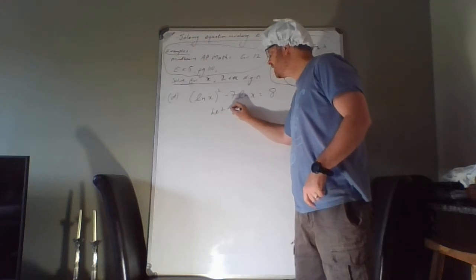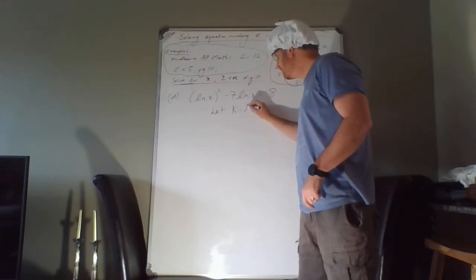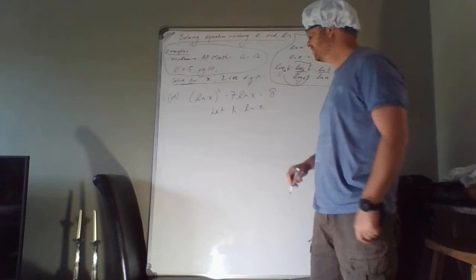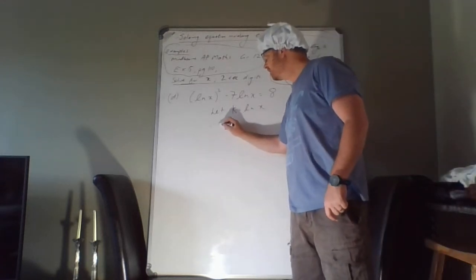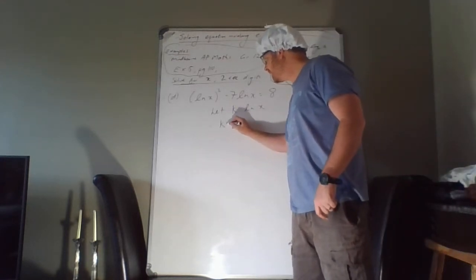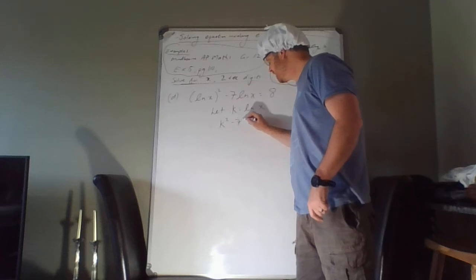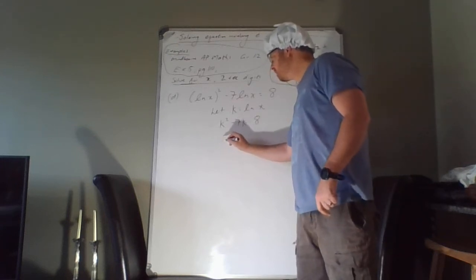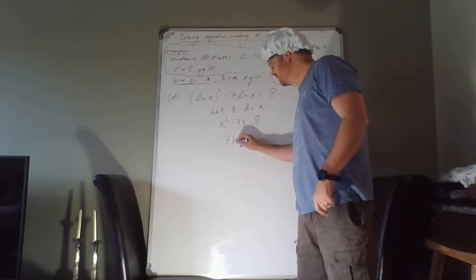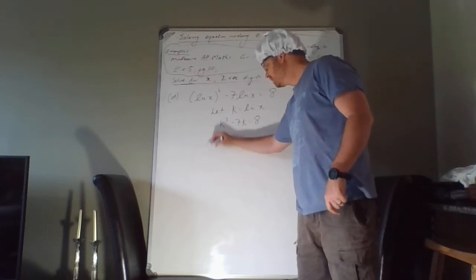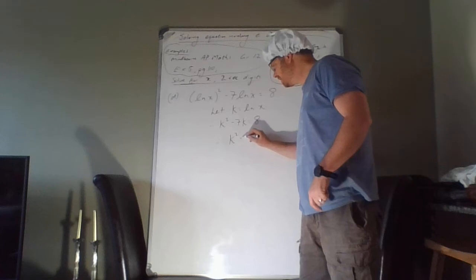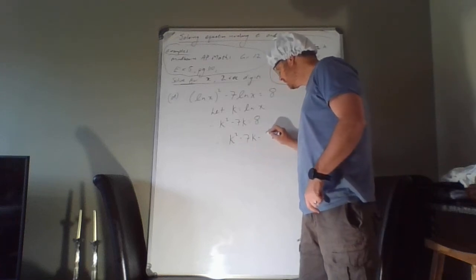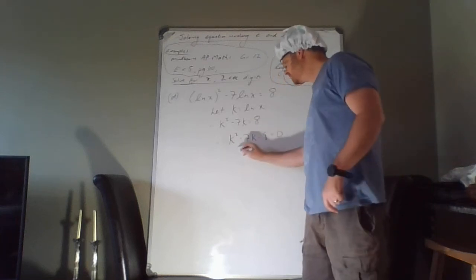Right, you're going to let k be equal to ln x. So therefore, the sum becomes k squared minus 7k is equal to 8. Therefore, k squared minus 7k minus 8 is equal to 0.